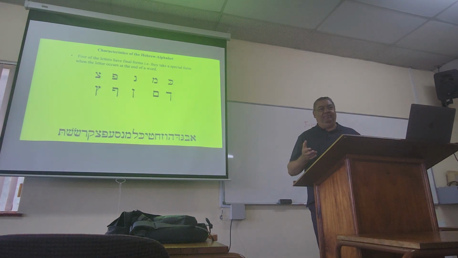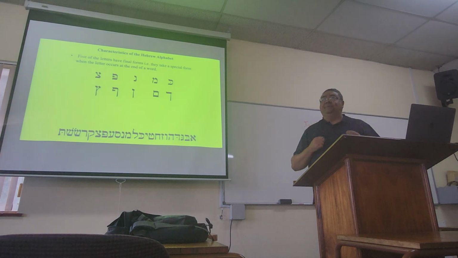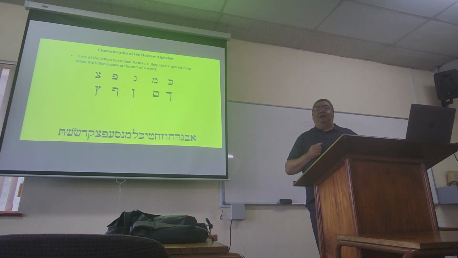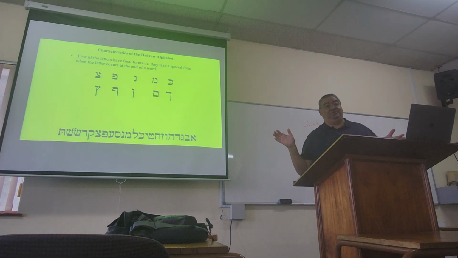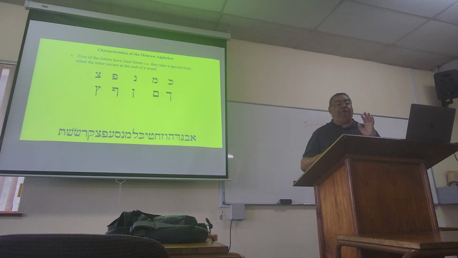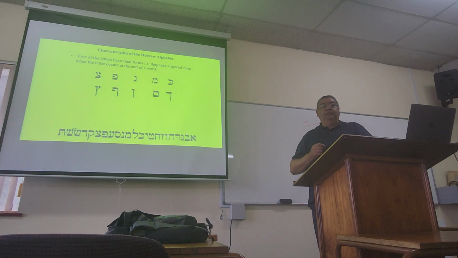You with me? Right? Now you will remember, because I think all of you have done Greek, you have discovered that there are some letters that when they occur at the end of the word, they actually change their form. It doesn't change the meaning of the word in any way, and the pronunciation also doesn't change. And there are 5 consonants in the alphabet that behave like that.